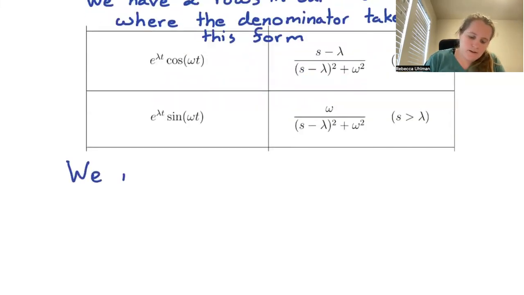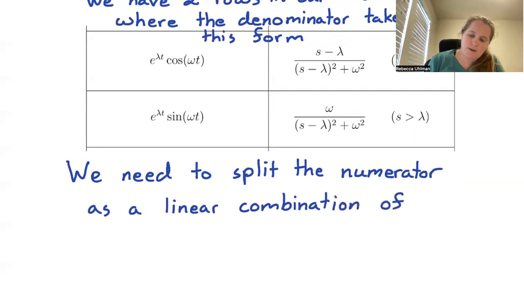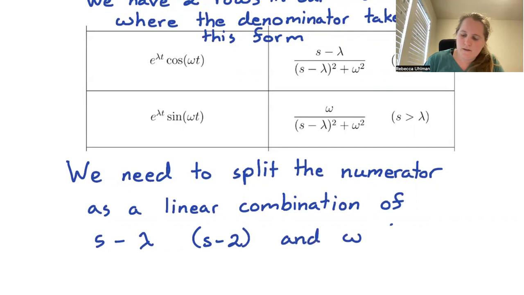So we need to split the numerator as a linear combination of s minus lambda, or in other words s minus 2, and omega, which in this case was 3.